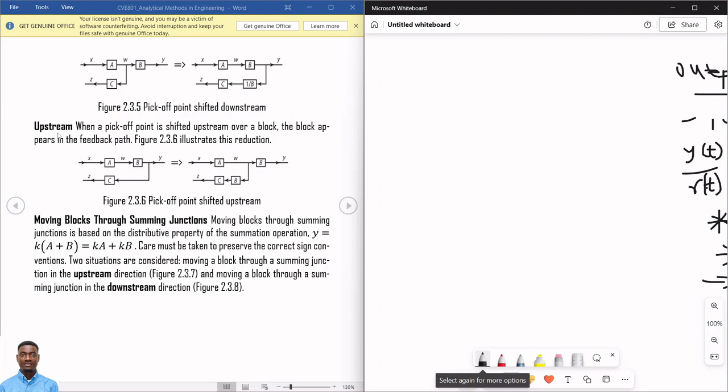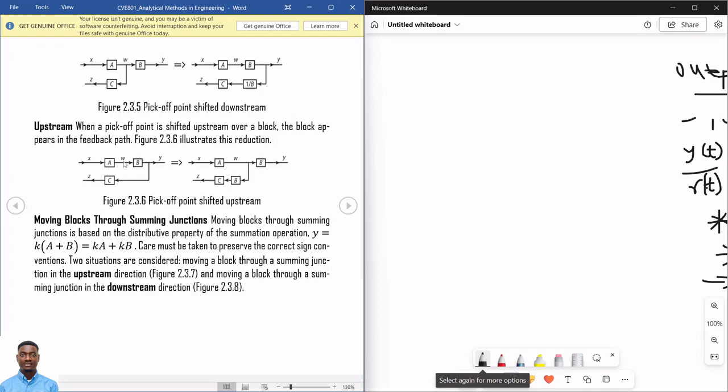So for upstream movement of a pickup point, you move the pickup point backward. You move it backward over a block. When you move it backward over a block, the block that you moved it over will appear on the feedback part of that pickup point.